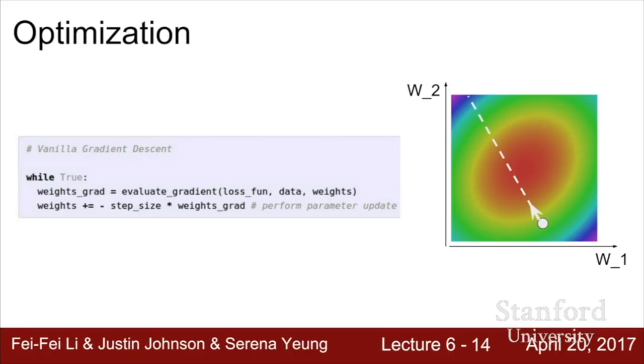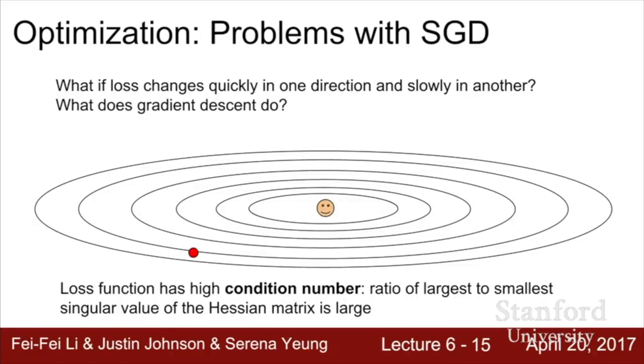But unfortunately, this relatively simple optimization algorithm has quite a lot of problems that could come up in practice. So one problem with stochastic gradient descent: imagine what happens if our objective function looks something like this, where again we're plotting two values, W1 and W2, and as we change one of those values, the loss function changes very slowly. As we change the horizontal value, our loss changes slowly.